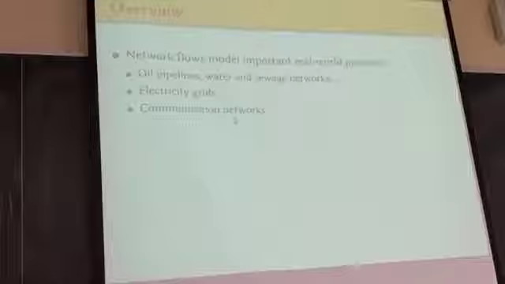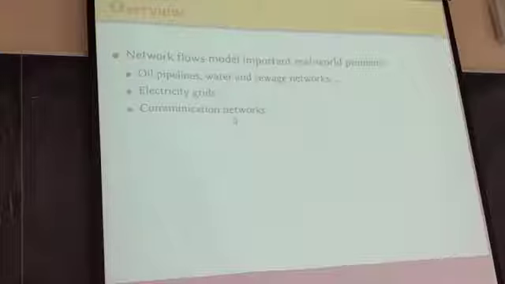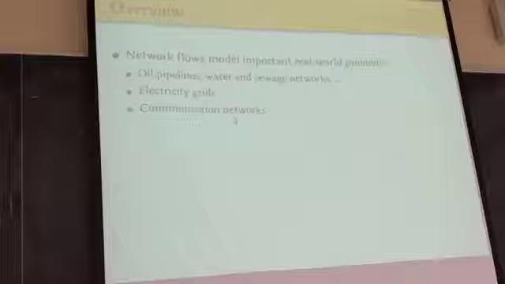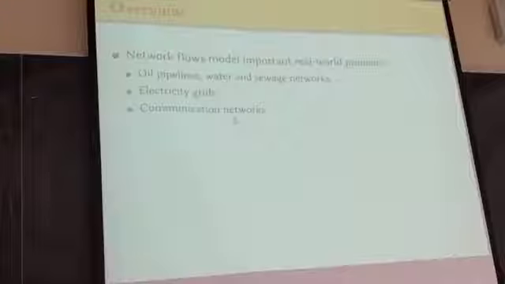Here we are not trying to maximize profit. We are just saying we want to maximize the quantity of material that is transferred from point A to point B. That's the max flow problem, and it obviously comes up in networks of all kinds: oil networks, electricity networks, communication networks, and so on.